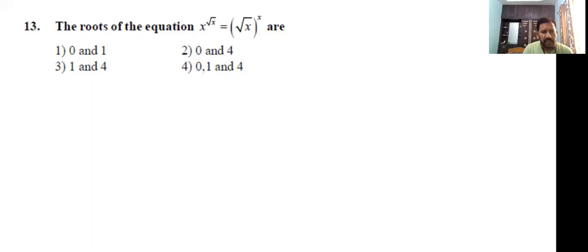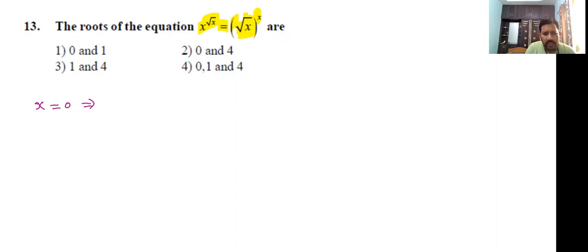Question number 13. The roots of the equation x power root x is equal to root x power x. What are the roots of this equation? Now go to the verification method. Put x is equal to 0. If it satisfies the condition, 0 is a root of the equation.